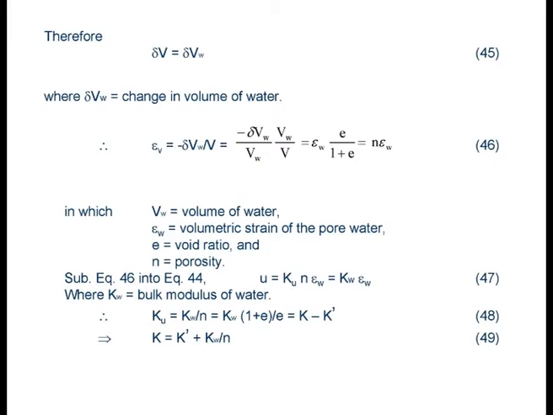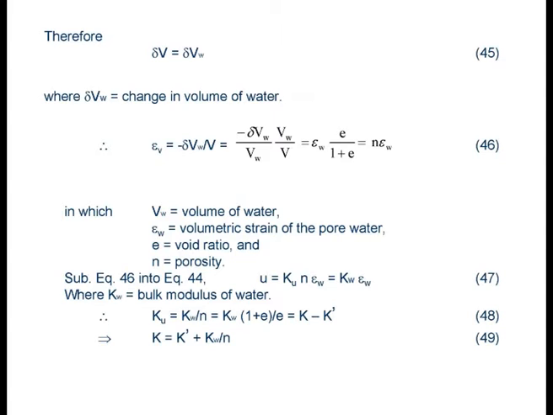But essentially, the conclusion of the mathematics is that the total bulk modulus is equal to the effective bulk modulus plus the bulk modulus of water, Kw, divided by n, where n is the porosity of the soil. So the total bulk modulus equals the effective bulk modulus plus the bulk modulus of water divided by the porosity of the soil. Now, this is where the trick comes in.